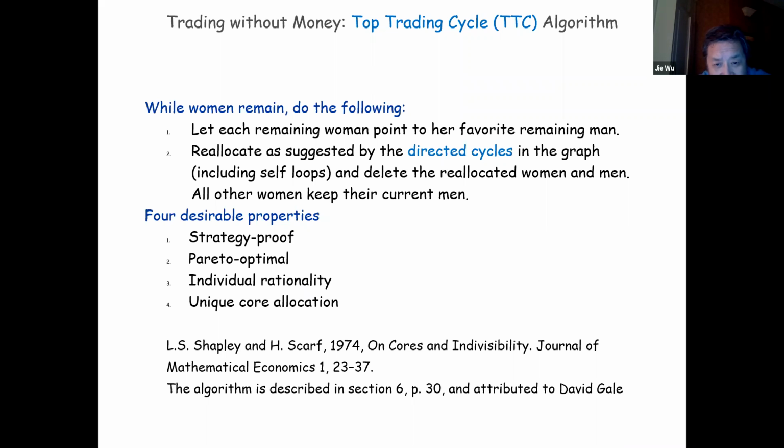So the properties we discussed, oh, by the way, I put some references. The first one, the one I asked you to solve, was actually proposed by David Gale. He really made all this contribution. It's written in a chapter by Shapley and a co-author, but he credited all the algorithm to David Gale.